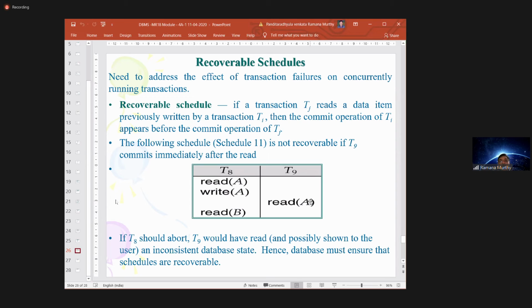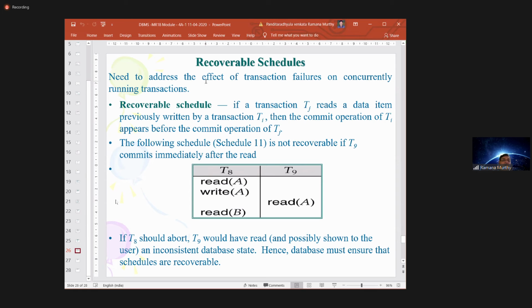We need to cancel T9 also, even though there is no problem at T9's end. Because T8 is cancelled, you need to cancel T9 also. So this is called a schedule that can't be recoverable. We need to roll back, we need to cancel.